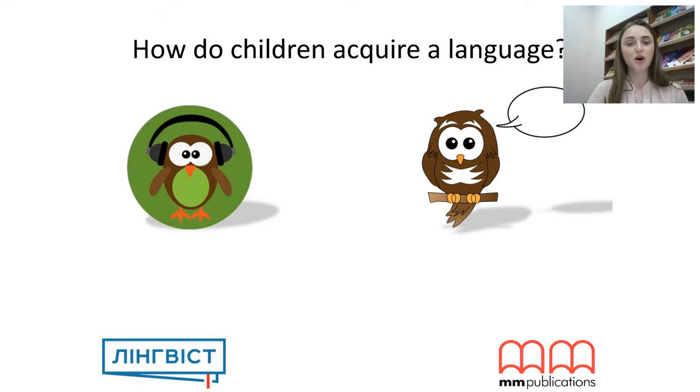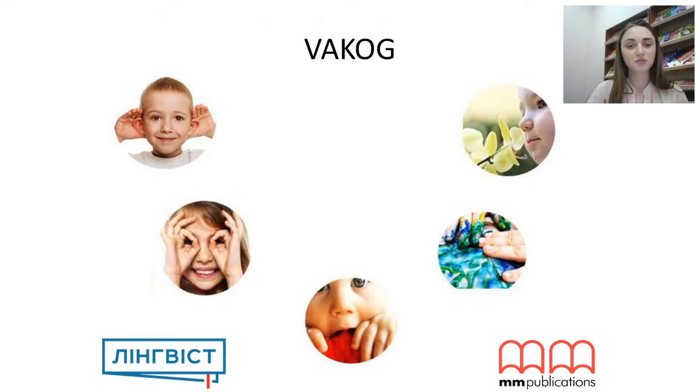We use our 5 senses to experience the world. Here you can see the abbreviation at the top of the page, VACOG, which means visual, auditory, kinesthetic, olfactory, and gustatory sense.